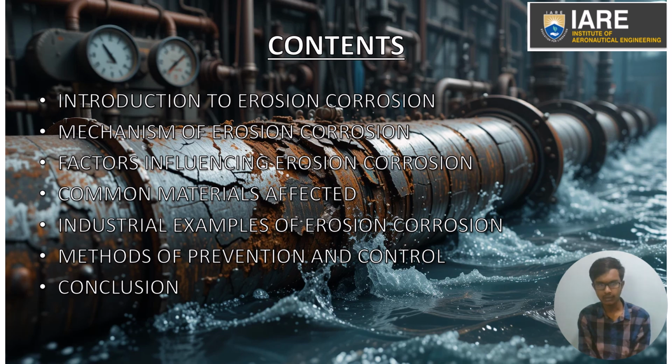After that, there are a lot of common materials affected due to erosion corrosion, and industrial examples of erosion corrosion. Then I'll explain certain methods which are used to prevent and control this erosion corrosion, and in the final place I'm going to conclude the topic of erosion corrosion.